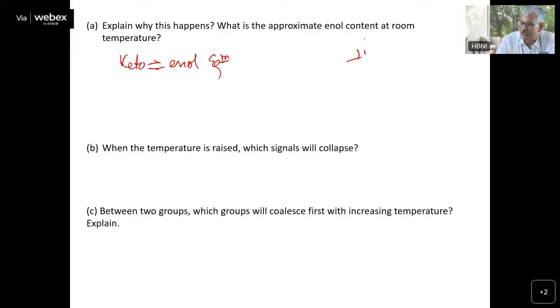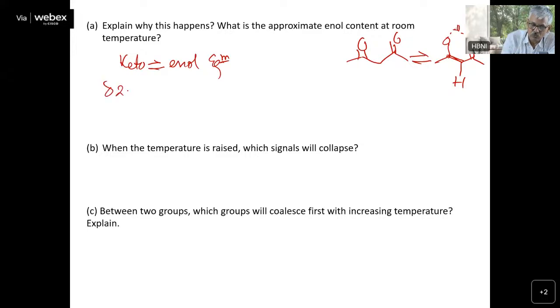We have the diketone, and then the signals.